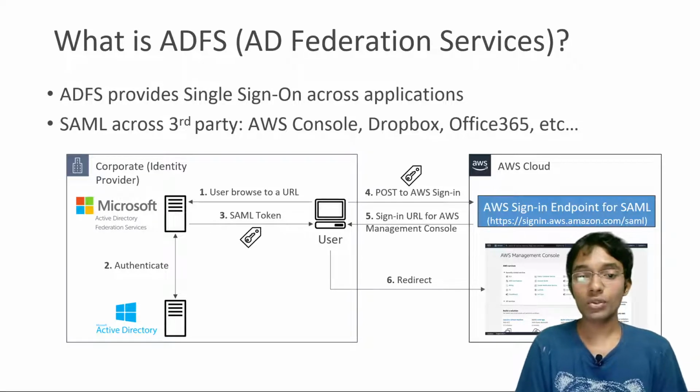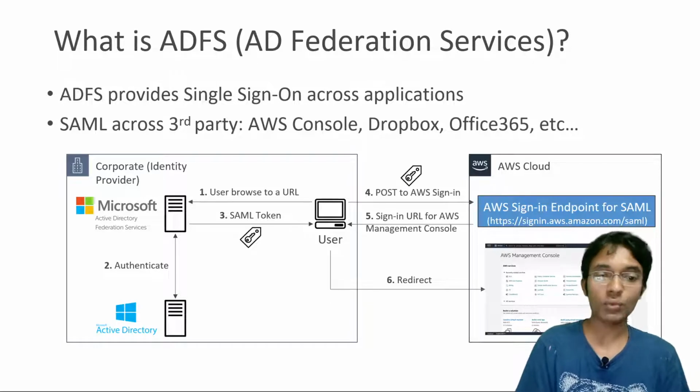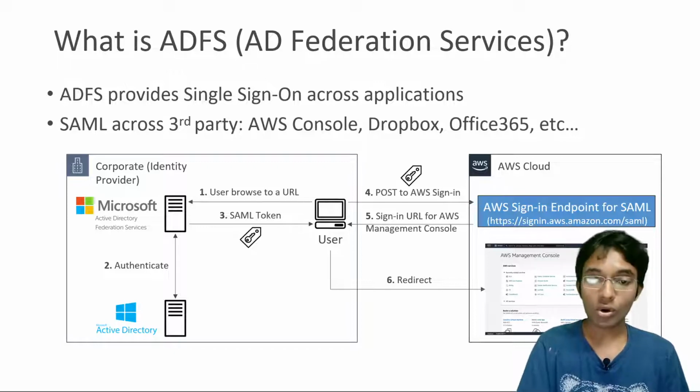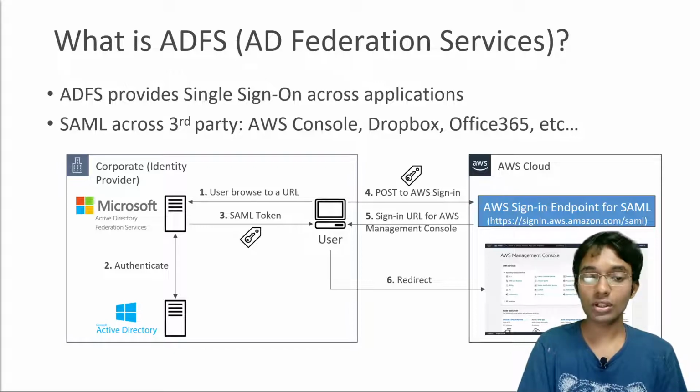Remember, the user will browse the URL in the Microsoft Active Directory Federation Service, which will authenticate the user against a Microsoft Active Directory, and the SAML token will be returned. Then we exchange it with AWS to get a sign-in URL for the console. We'll see how this will be improved with the SSO single sign-on service later on.